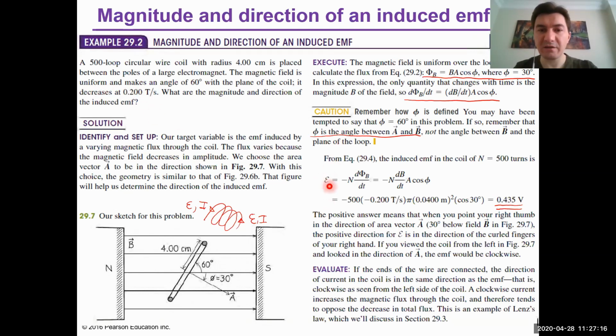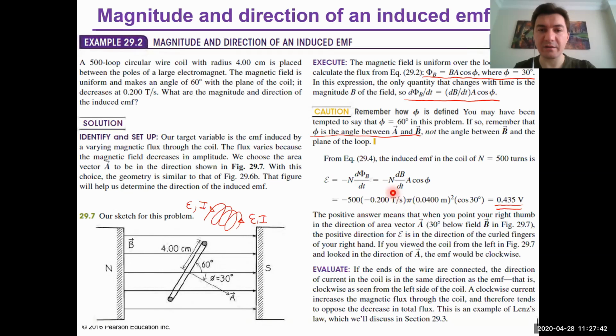Then into the EMF equation, put minus number of turns. We have 500 loops, okay, in the coil. Then we have the time rate of the magnetic flux, which is given by dB, the time rate of the magnetic field times A times cosine phi. So we already know this one.